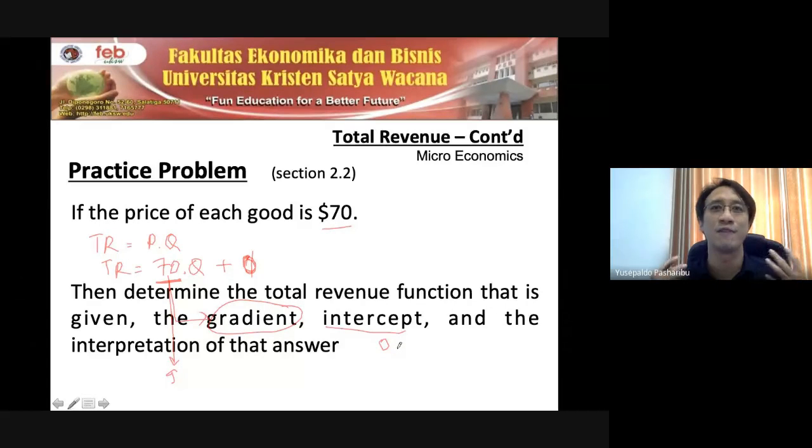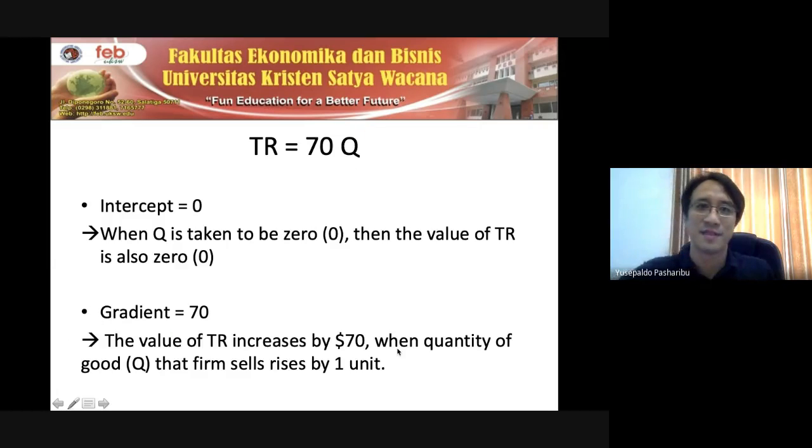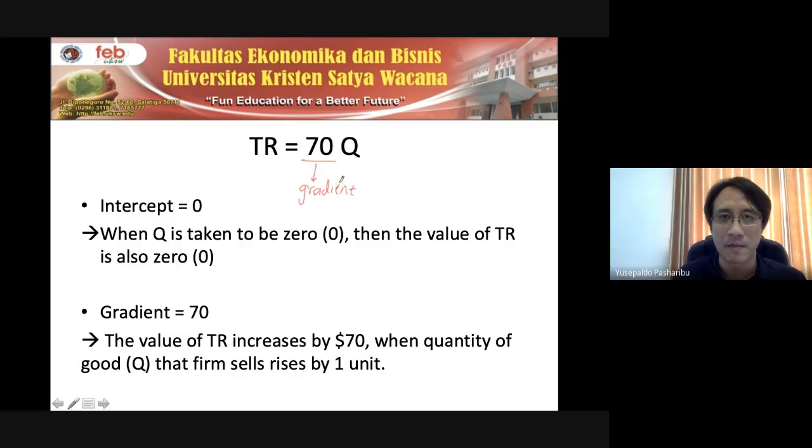And then how do we interpret that equation? TR equals 70Q. This is the gradient, and the intercept is 0, so it is not written in this equation.